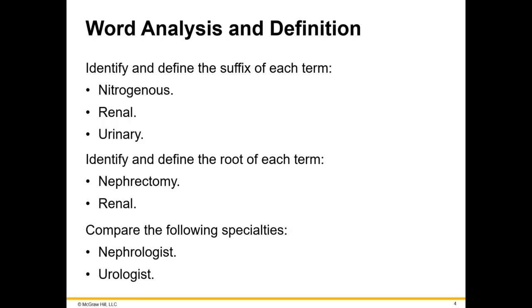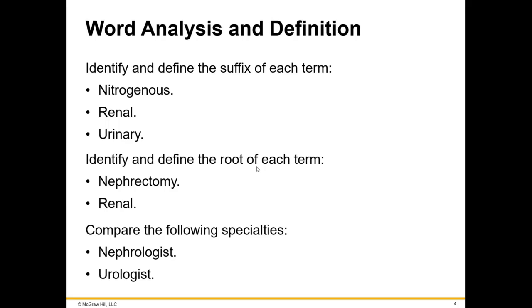If we break it down, nitro is where we have a split, and gen is where we have a split. So OUS is our suffix, meaning pertaining to. So it would be pertaining to nitro, gen as in generating. Does that make sense?